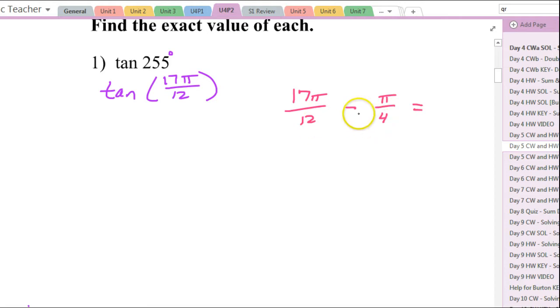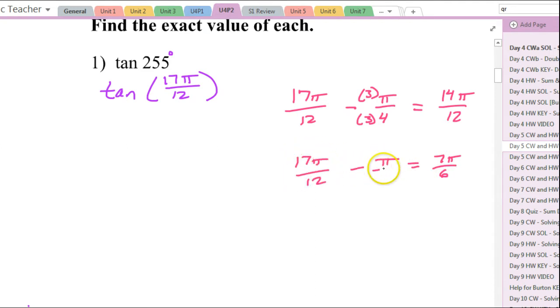To subtract these, I would need like denominators, so I would multiply by 3. So that's 17 pi over 12 minus 3 pi over 12, so that's 14 pi over 12. That reduces down to 7 pi over 6. So now I have 17 pi over 12 minus pi over 4 is equal to 7 pi over 6.